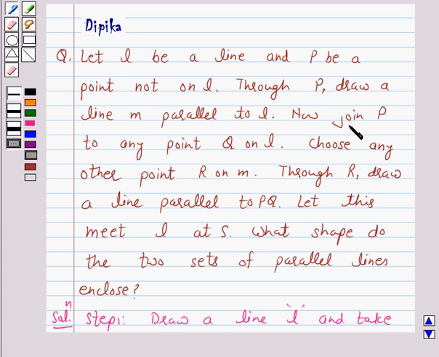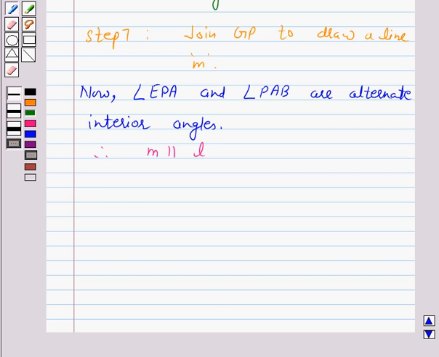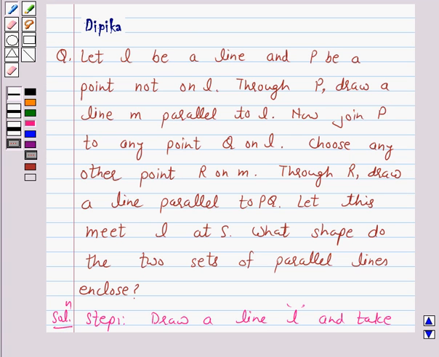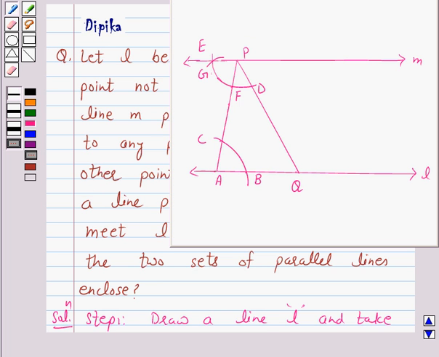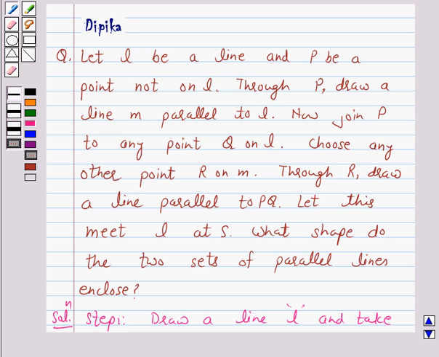Now, according to the question, join P to any point Q on L. So, our next step is, join P to any point Q on L. Again, we have to choose any other point R on M. And through R, we have to draw a line parallel to PQ.